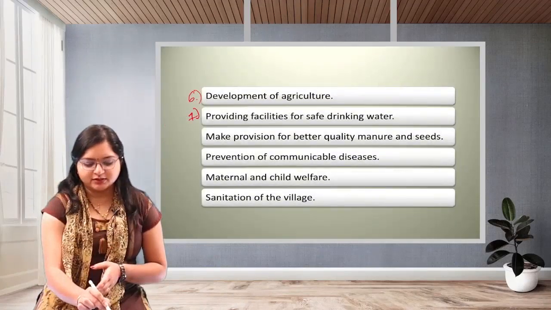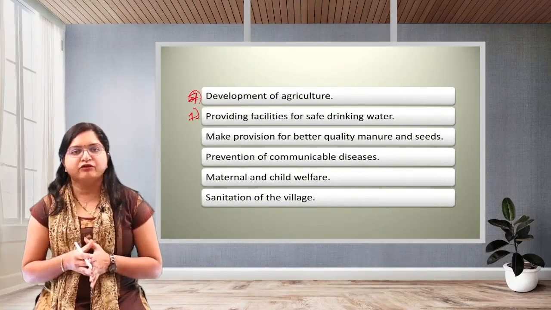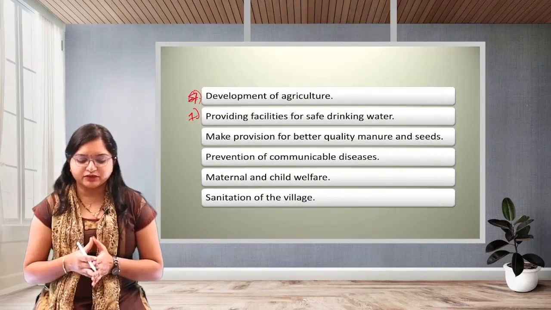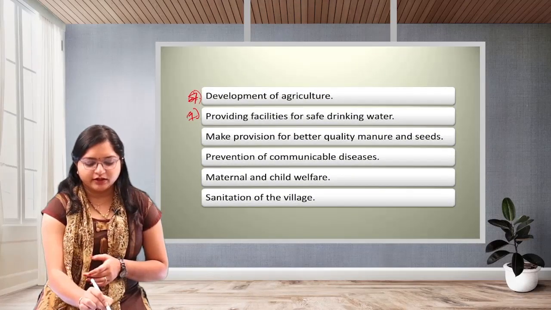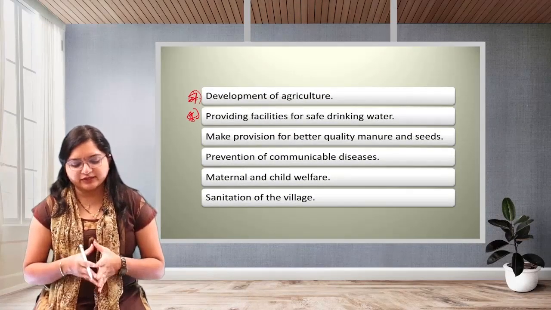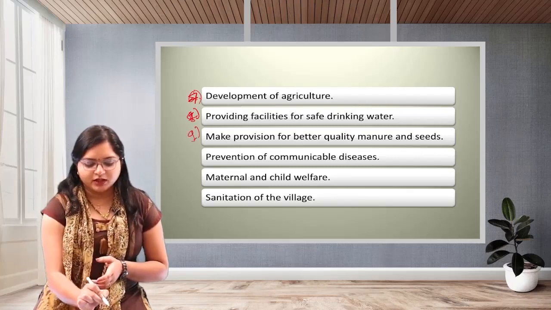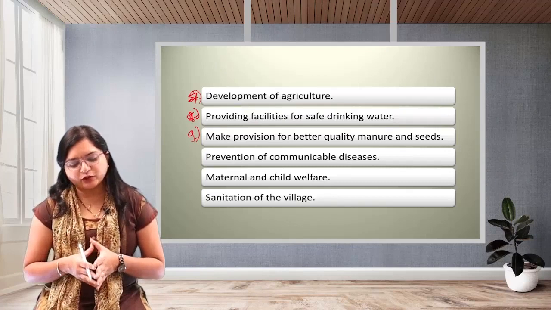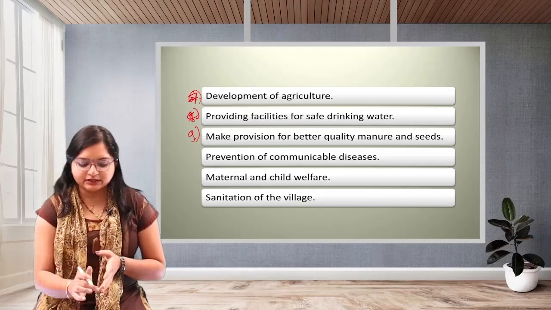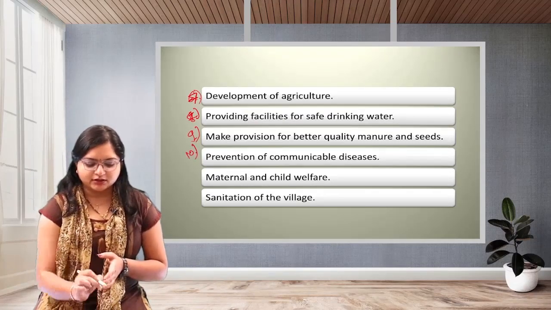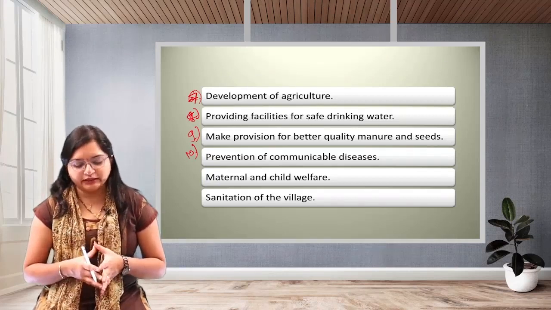Seventh function is development of agriculture. This is also an essential function. Then eighth is providing facilities for safe drinking water. Then make provision for better quality manure and seeds. Then tenth is prevention of communicable diseases.